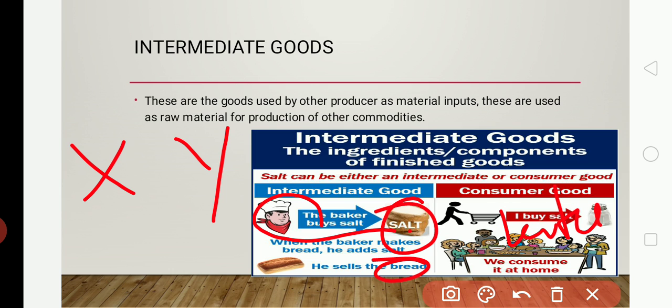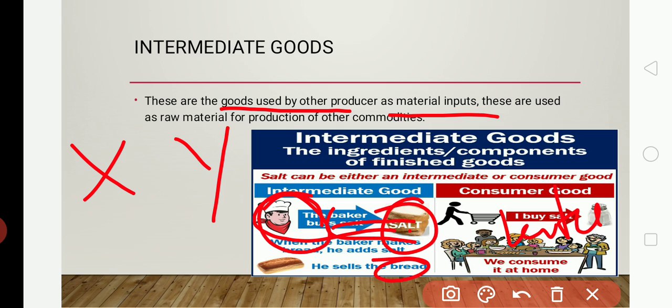Our mother or father buys salt for what purpose? For household purposes. That becomes a consumer good. But if the same good is bought by the baker and he is using that good, it becomes an intermediate good. Intermediate goods are goods used by another producer as a material input.